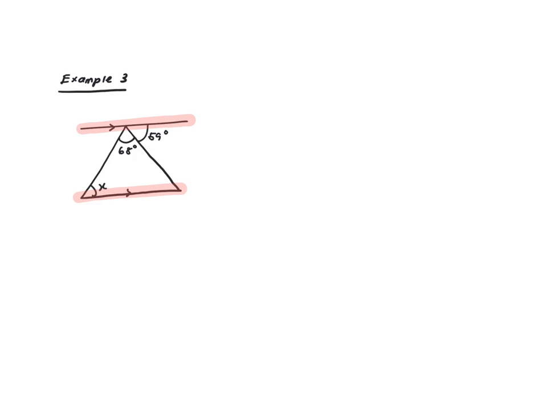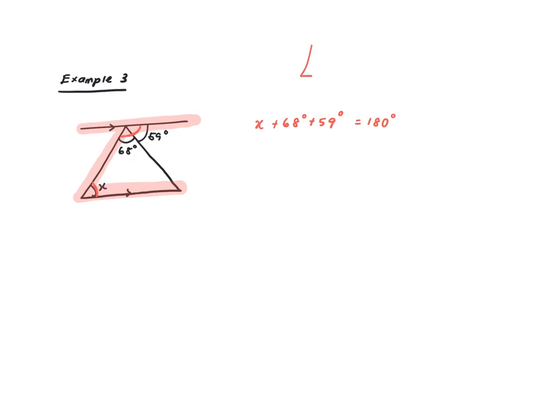Now if we look at this closely, we can form a C here, or a U. That tells us that all of these angles here and this angle here are interior angles. And so x plus 68 plus 59 is 180 degrees.